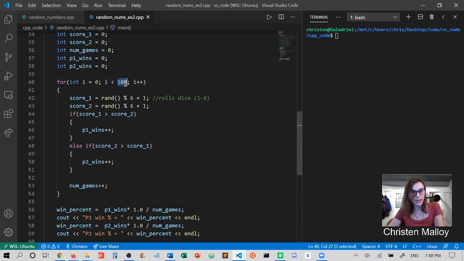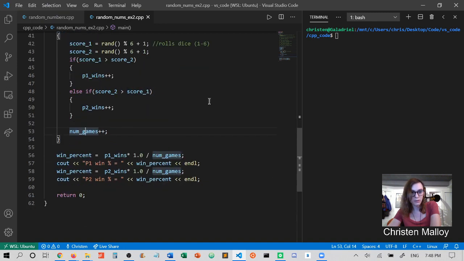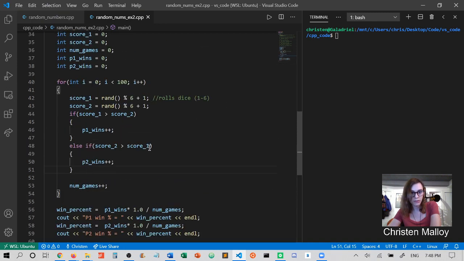So we're going to play a game 100 times or 100 rounds, and each time we're going to generate a score for both players using a dice. We're checking to see how many times this calculates a score that is larger for player 1 or a score that's larger for player 2. Depending on the number of games we play, we're going to output a win percentage for both of them.